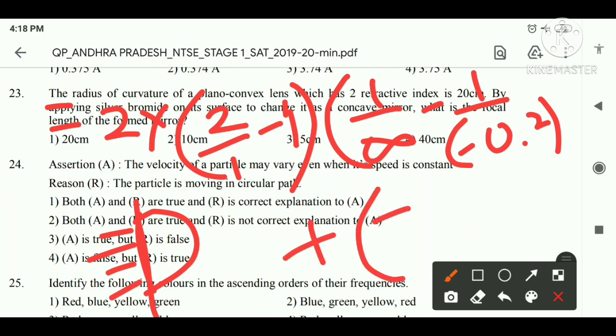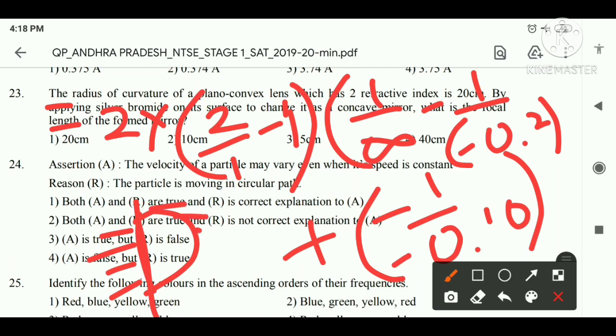Now plus, minus 1 by minus 0.10. Because one side is painted, the first one is a plano-convex lens. Now it becomes a concave mirror, so the first one is 20 centimeter. Now, as a concave mirror, the focal length becomes half. Now you get minus 0.10.